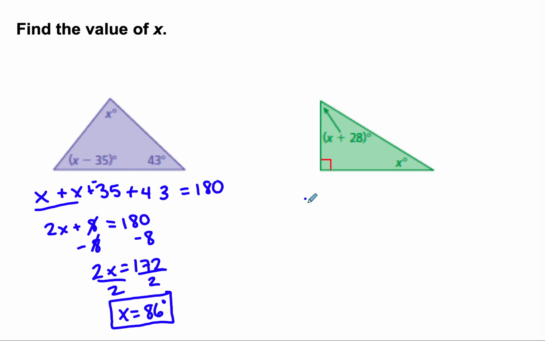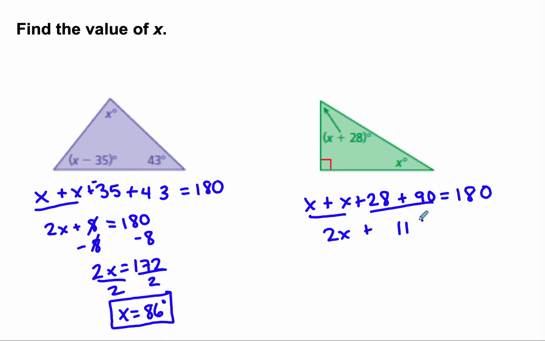All right, let's try this next one. We have x plus 28 plus 90, and that's going to equal 180. So again, we're going to start by combining our like terms. x plus x is 2x. We're going to do 28 plus 90, that's going to give us 118, equals 180.